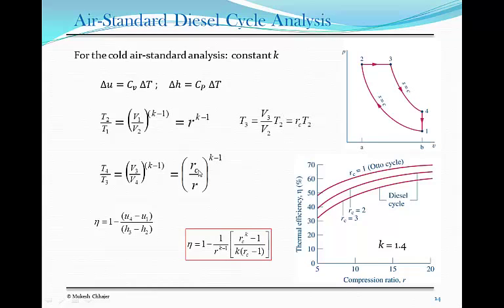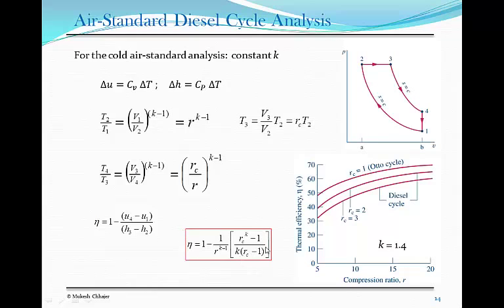So combining these three relationships along with these two, if you go and plug them in here, replace U4 minus U1 by Cv times T4 minus T1, H3 minus H2 by Cp times T3 minus T2, and then eliminate the temperatures using these three equations.